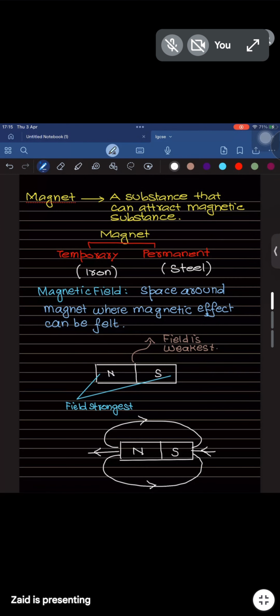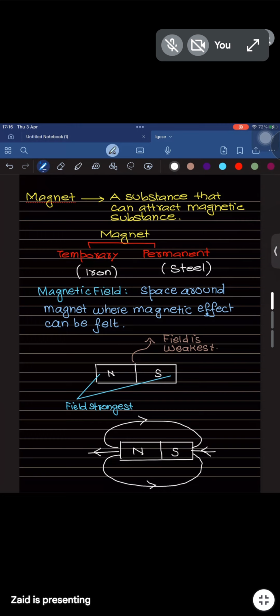Okay, Ali Beta, you joined a bit late. So far, what we have discussed is the magnet is a substance that attracts magnetic materials. A magnet is going to be either permanent or temporary. The temporary magnet is going to be like iron, and the permanent magnet is going to be steel. If you put a magnet and there is space around the magnet, and you see that other substances are either attracted or repelled, that area is called a magnetic field.